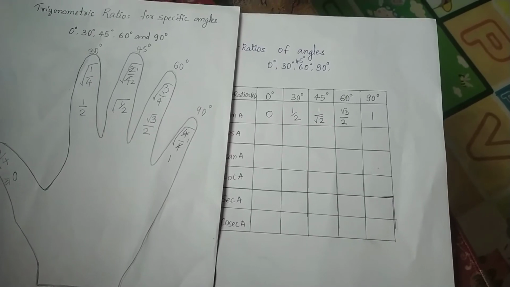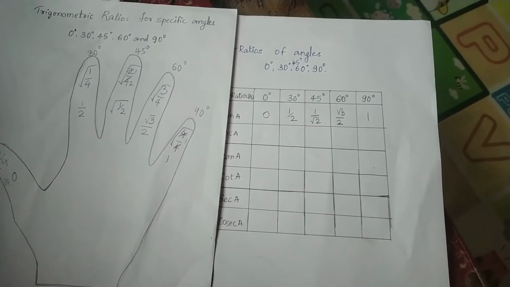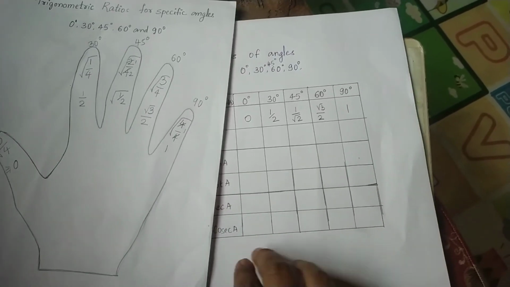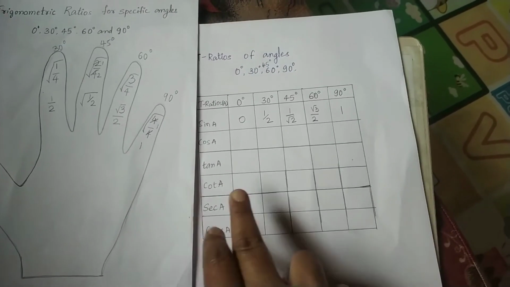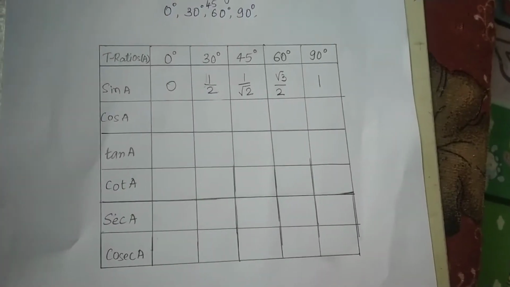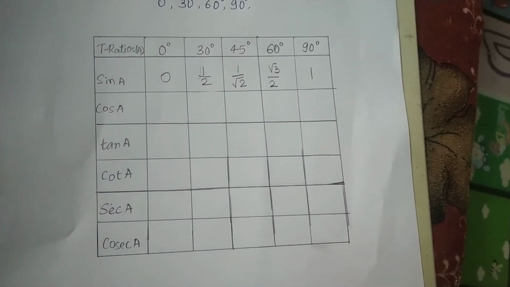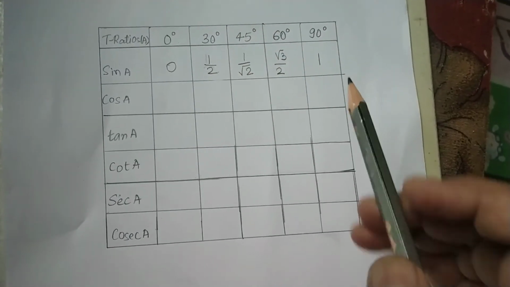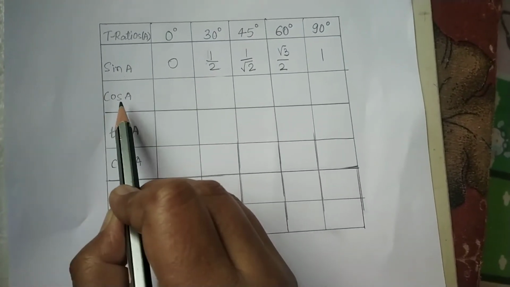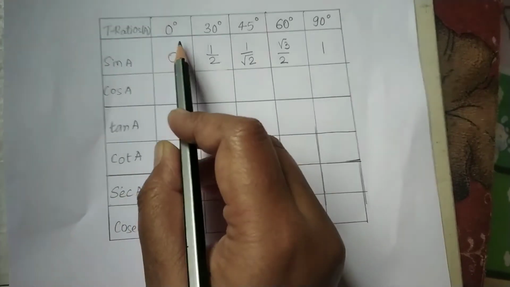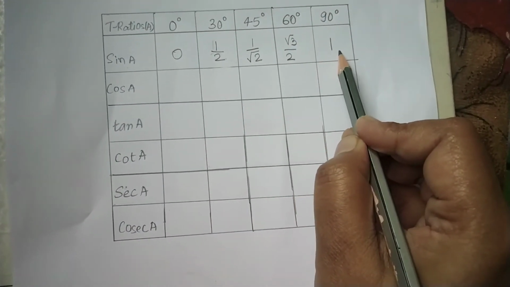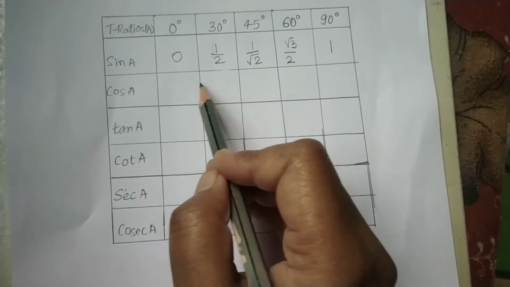Now I'll tell you how to write the remaining ratios. If you are able to write the values of sine of angles, then it is very easy to write the remaining ones also. Now for cos A, for cos of any angle, we write the values of sine in reverse.